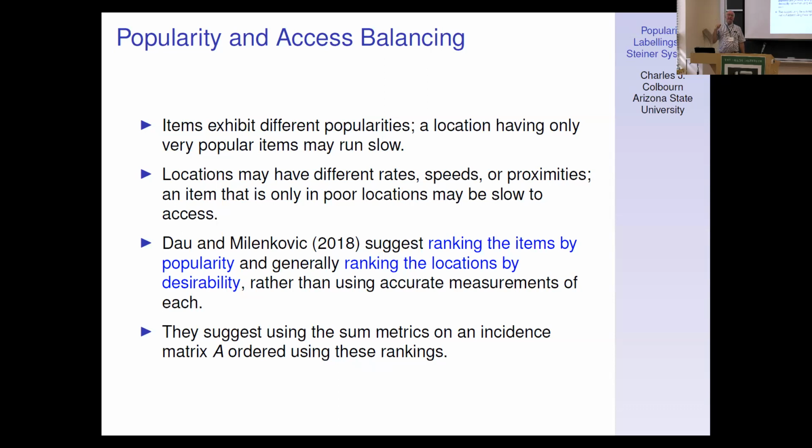And once they did that, they said, well, now rank is just the labeling, the point labeling I've assigned, or the block labeling that I've assigned. So it's just the index of the block or the index of the point. And then looking at the popularity of an item amounts to just looking at the sum metrics. So the sum metrics that I put at the end of my earlier list, these now show up as popularities.